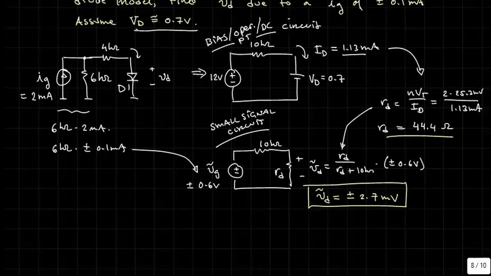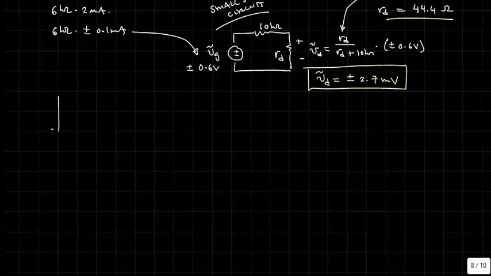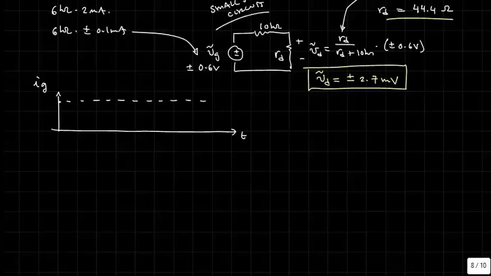So what does this mean? Let's go back to the beginning of what we were trying to answer. If I have a current source that is putting out 2 milliamps plus or minus 0.1, let's say it's sinusoidal. So this is 2 milliamps, and the amplitude here is going to be 0.1 milliamps.